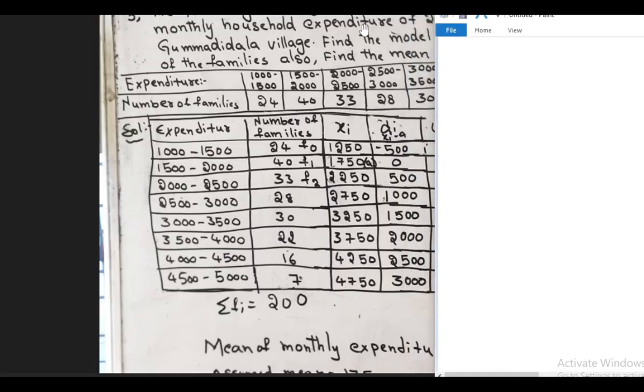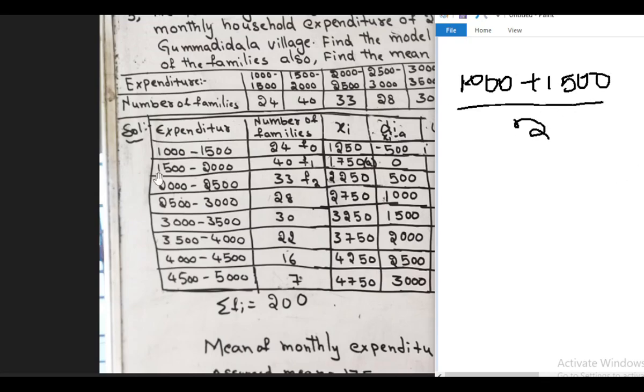Take the first class interval 1000 to 1500. 1000 plus 1500 is 2500.